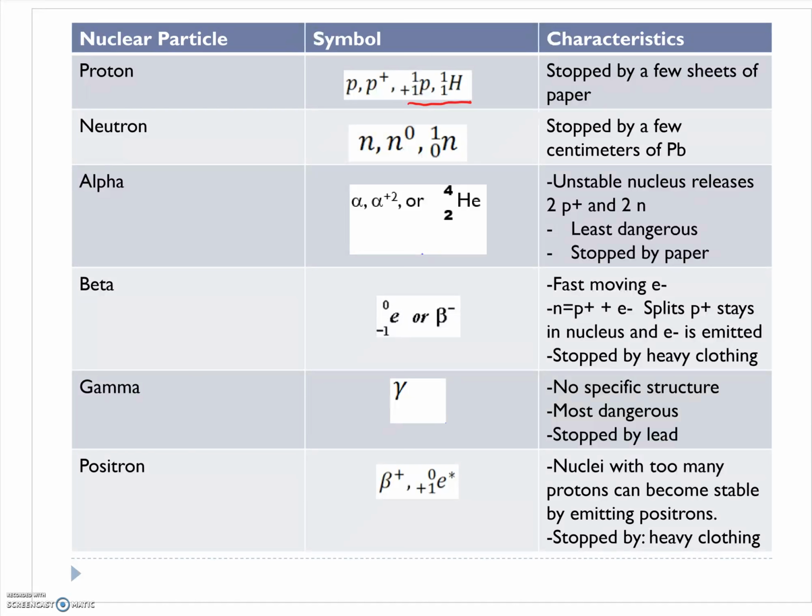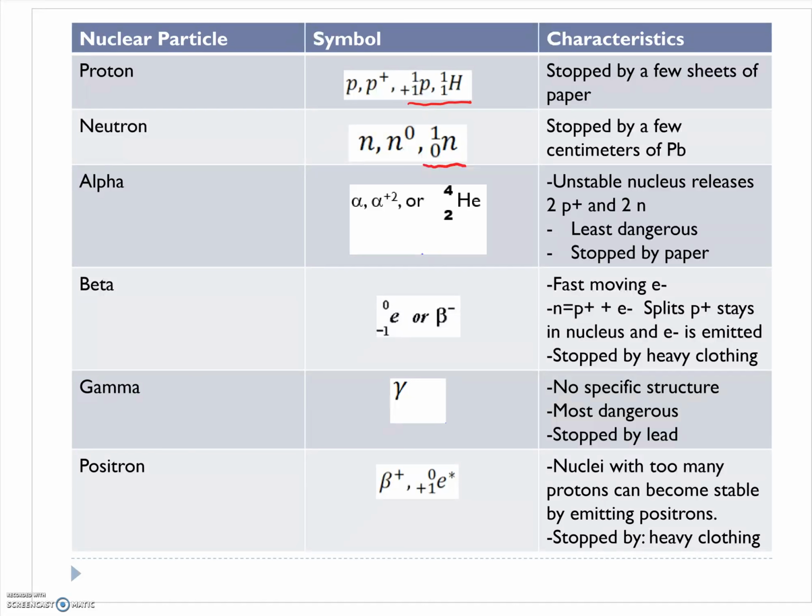If a proton is emitted, you can stop those protons with a few sheets of paper. A neutron, several different symbols again. The one that we use the most is this one. The neutron has a mass of 1 and a charge of 0, neutral charge, can be stopped by a few centimeters of lead, more dangerous than the proton.